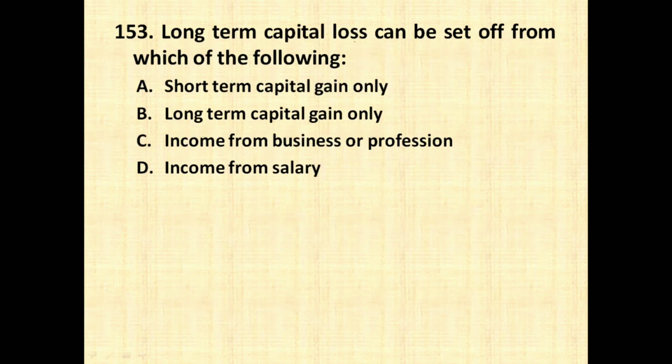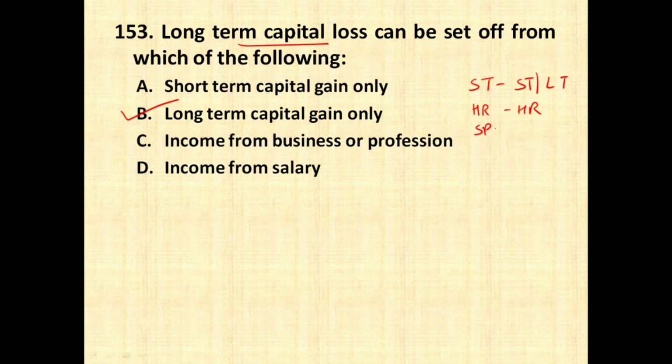Long-term capital losses can be set off from which of the following? Short-term capital gain only, long-term capital gain only, income from business or profession, income from salary. So long-term capital loss goes only with long-term capital gain. In the same way, short-term capital loss goes with short-term capital gain or long-term capital gain. Loss from owning or maintaining horse race goes only with income from owning or maintaining horse race.